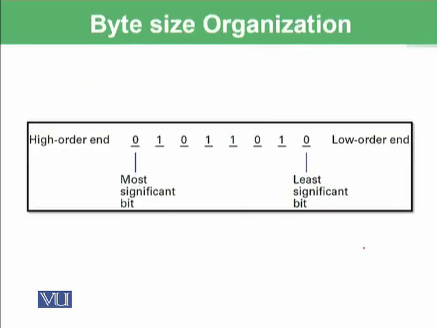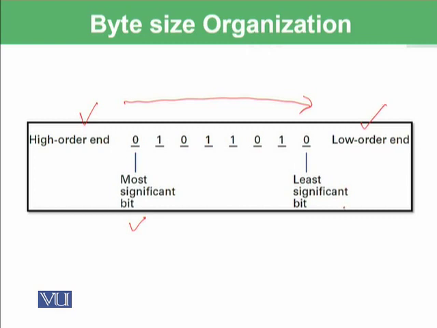And if we see the byte organization, we write a byte from left to right. On the left side we say it is the most significant bit or high order end, and on the right side we say it is the low order end or least significant bit.